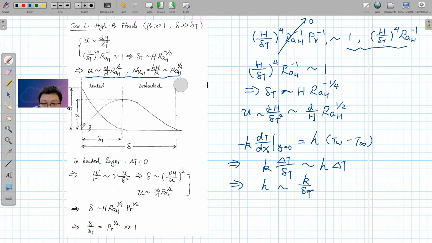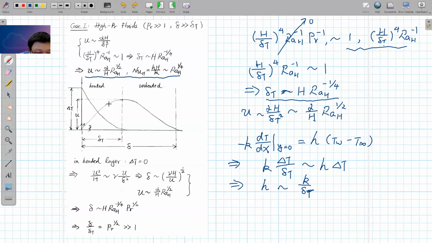Therefore, because we know this delta T result, you bring it into this equation and you can calculate the Nusselt number, defined based on the plate length as small h times big H divided by k. It will just be the Rayleigh number to the power of 0.25. With these two results, we can analyze the profiles for both velocity and temperature inside the boundary layer.